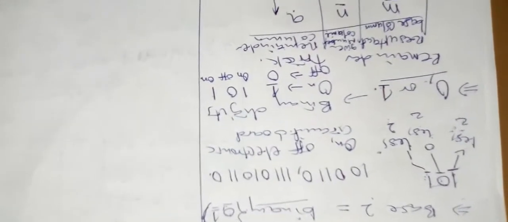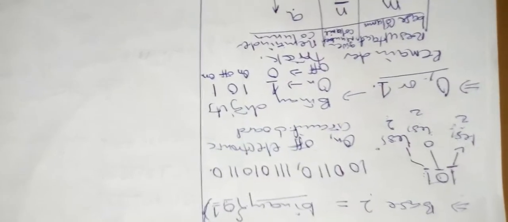N, the number I am converting, will be in my middle column. And a, which is my remainder when I divide n by m, could be 0, it could be 1. I'll name that column the remainder column.